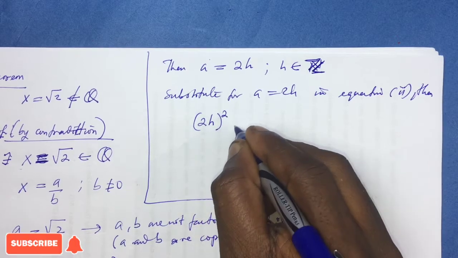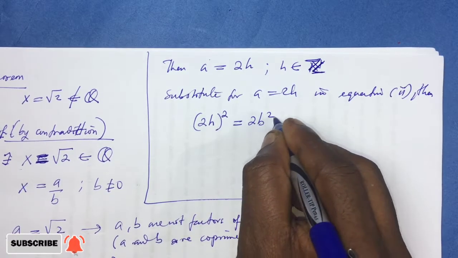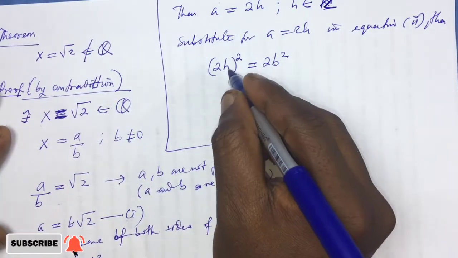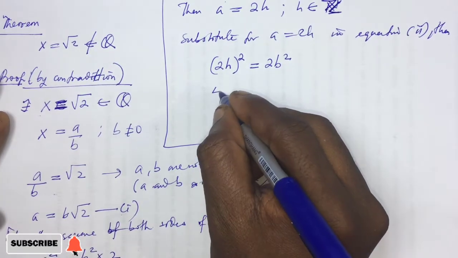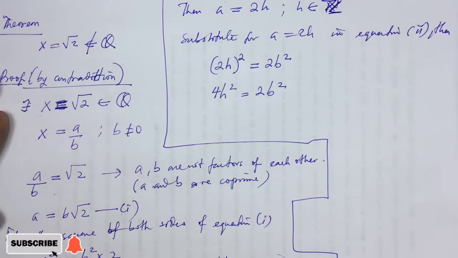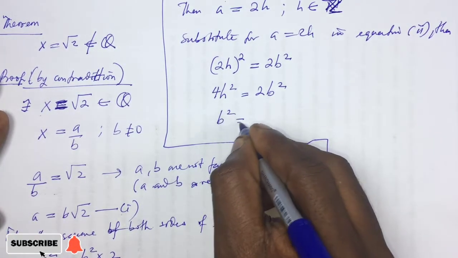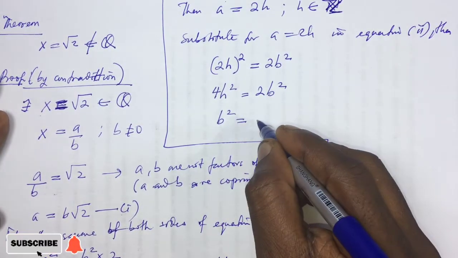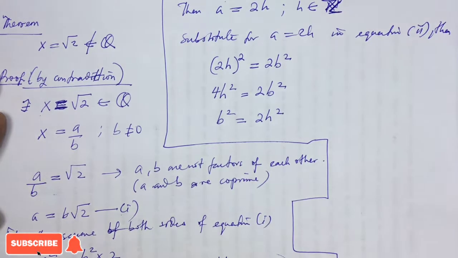So this becomes (2h) squared equals 2b squared. If you expand (2h) squared, you end up having 4h squared equals 2b squared. Now, if you make b squared the subject of formula, you end up having 2h squared.